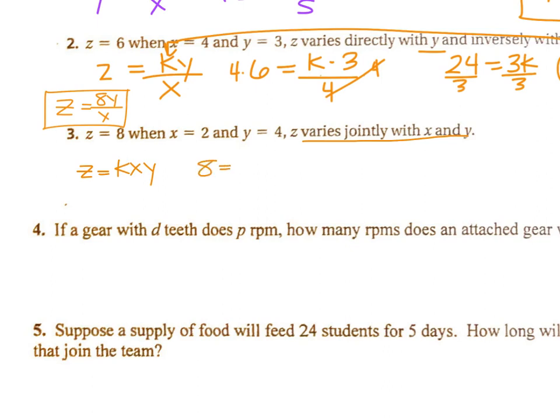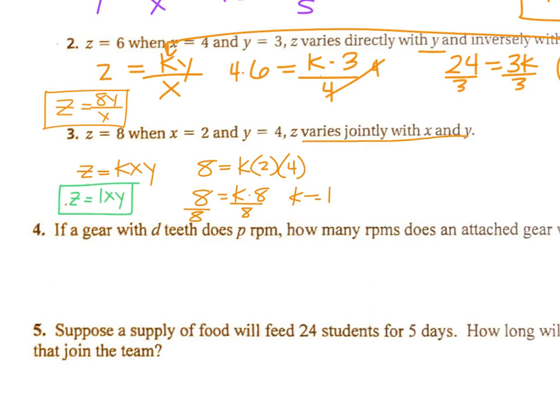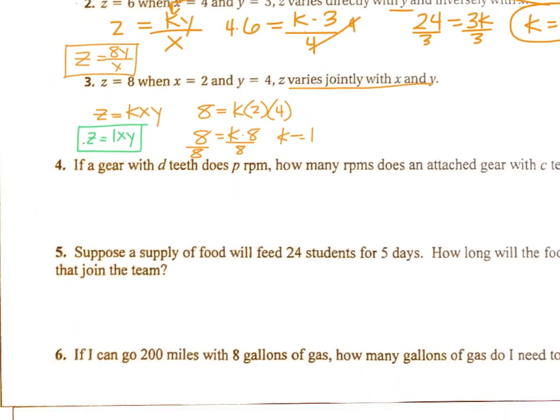So 8 equals k times 8. Well, if you divide by 8, you see that k is 1. So really what you're writing here is z equals 1xy. Technically, you wouldn't have to put the 1 in, but it helps you to see what your k is. So that would be your equation.